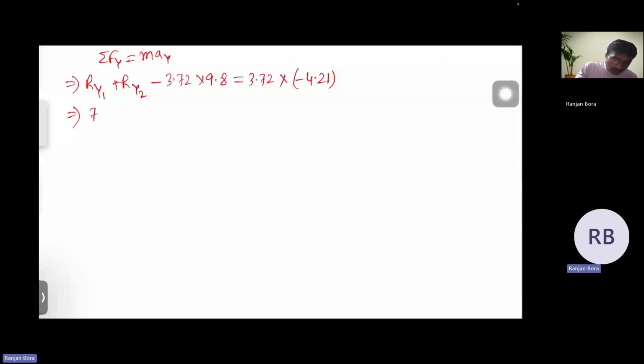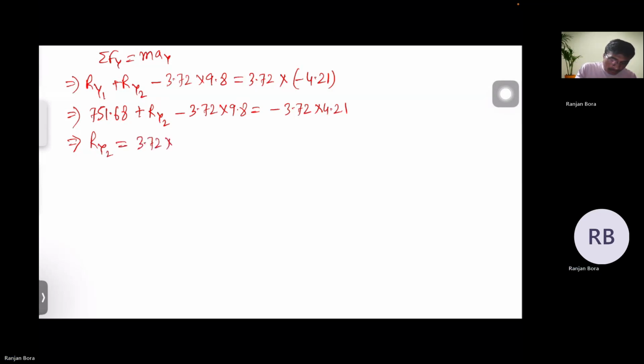751.68 plus Ry2 minus 3.72 into 9.8 equals 3.72 into minus 4.21. From this, Ry2 will be 3.72 into 9.8 minus 3.72 into 4.21 minus 751.68.